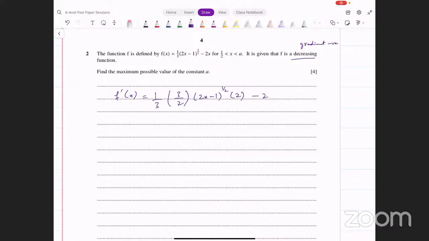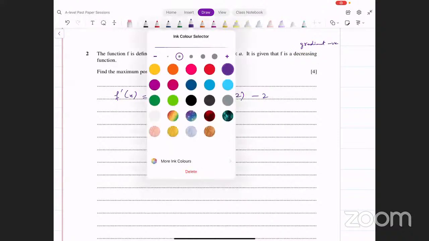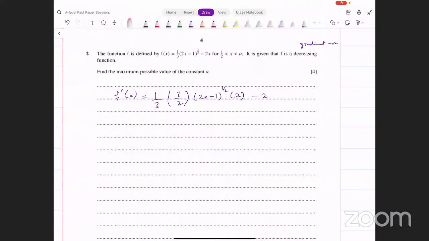ठीक है? Now, since we are given that f is a decreasing function का मतलब ये है कि ये जो आपके पास gradient आ रहा है, this should be negative. ये पूरा का पूरा आपके पास negative होना चाहिए. ठीक है? So basically, पहले simplify कर लेते हैं. हमारे पास क्या आता है simplify करके? 3 and 3 get cancelled, 2 and 2 get cancelled.